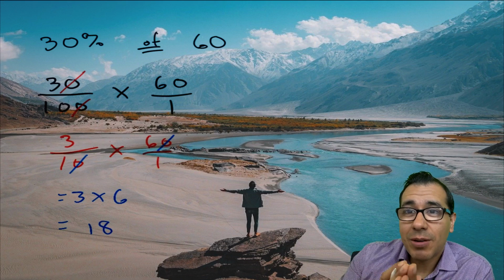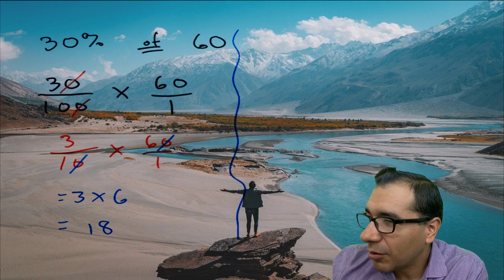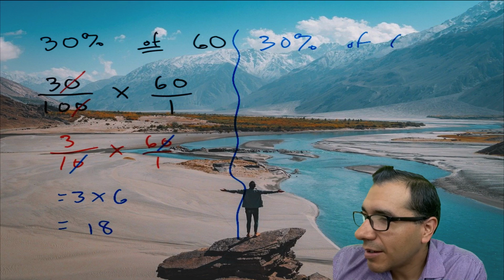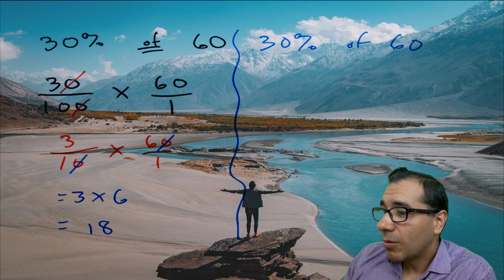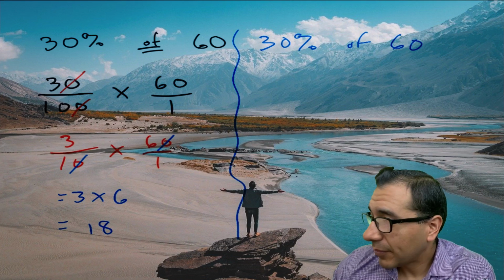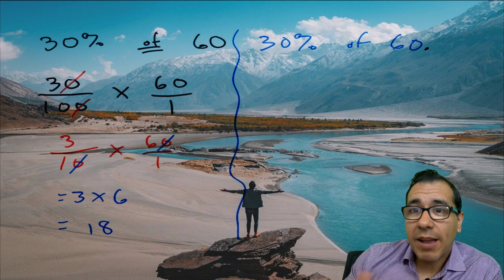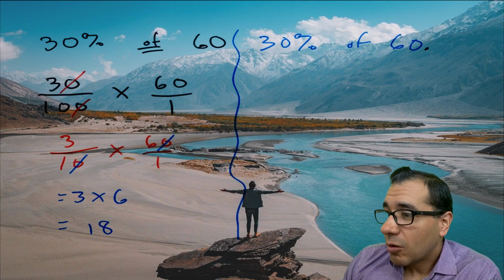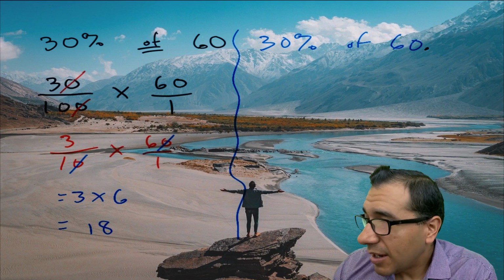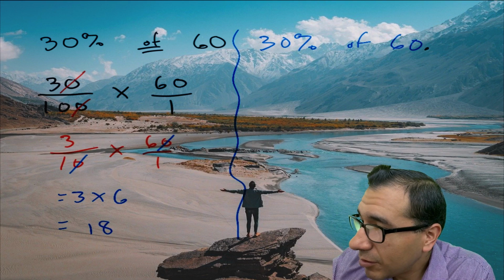So let me show you the translation, the fast way. Let's rewrite this problem: 30% of 60. Now let's look at the fast way. If you recall, whenever you have a whole number such as that 60 there, there's always a decimal place at the end that we don't have to write. So instead of looking at 30%, what you're going to do is eliminate one of these zeros.